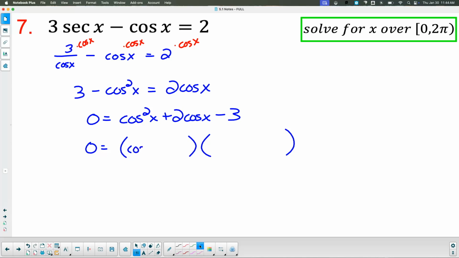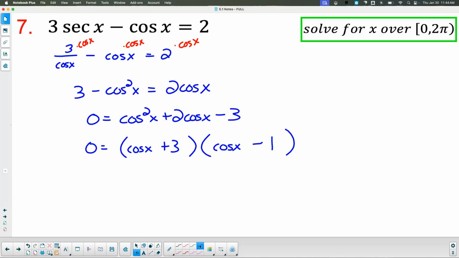That's a cosine and a cosine. 2 numbers that multiply together to be negative 3 and add to be positive 2. Positive 3, negative 1.